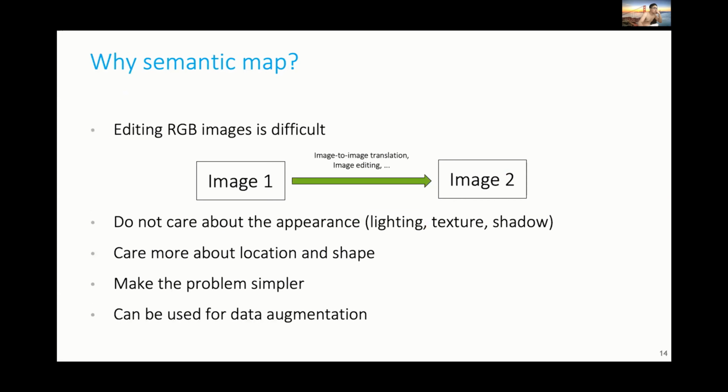In addition, directly operating on the RGB image is quite difficult. And for some tasks, we would rather operate on semantic maps, for example, for graphics design, so that we can apply it to different tasks.